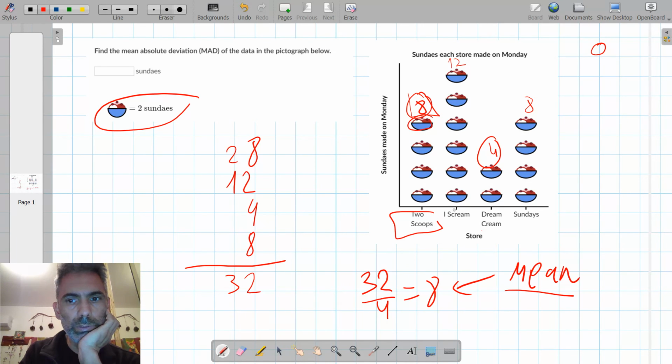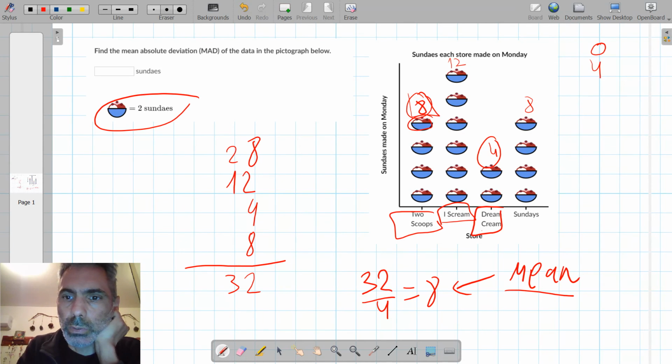The second store has a deviation of 4 because this store made 12 Sundays and the mean is 8, so 12 minus 8 is 4. This store also has a deviation of 4 because they made 4 and the mean is 8, so the difference between 8 and 4 is 4.